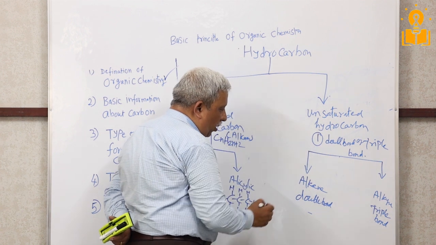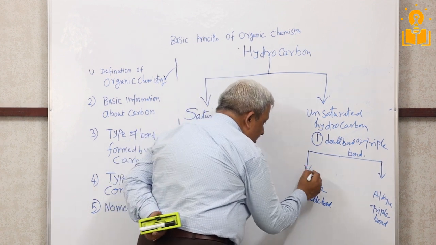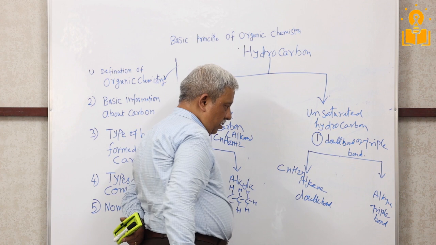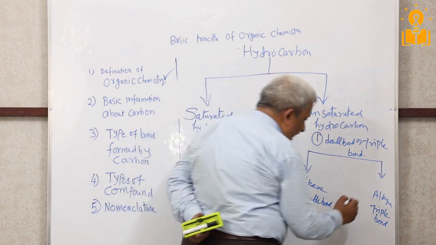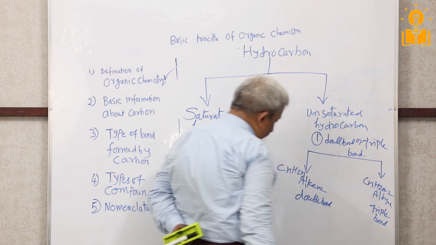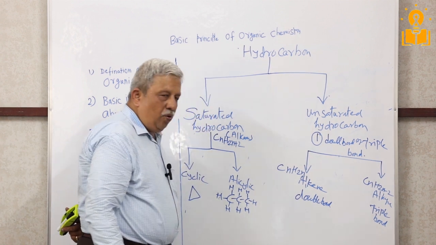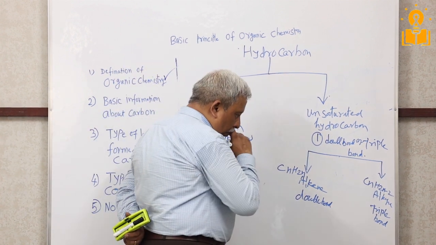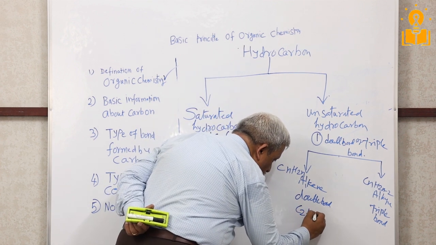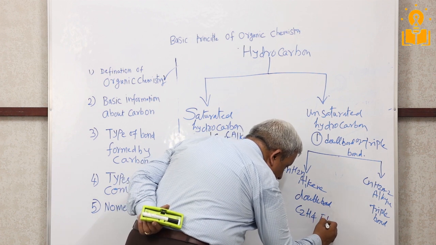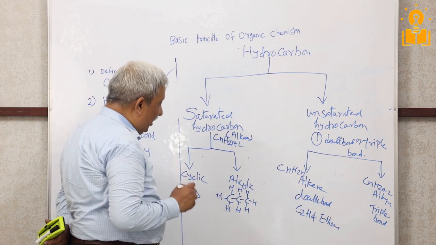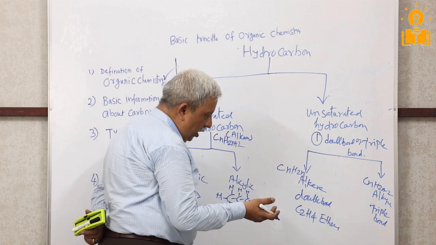Now the general formula for alkene is CnH2n, while the general formula for alkyne is CnH2n-2. Now let us take an example. For example, if we take n equal to 2, it is C2H4, that is ethene. The same compound here we call ethane, now we are calling ethene.